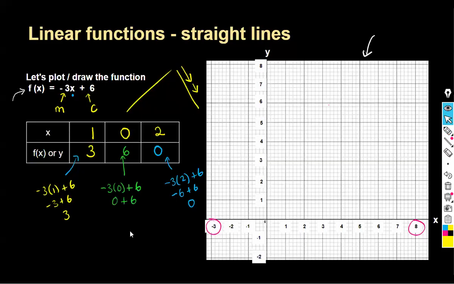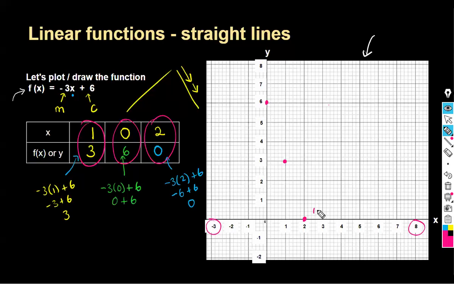Let me plot the points. The first point is 1, 3. 1 on the x, 3 on the y. Next point, 0, 6. 0 on the x, 6 on the y. Last point, 2 on the x, 0 on the y.